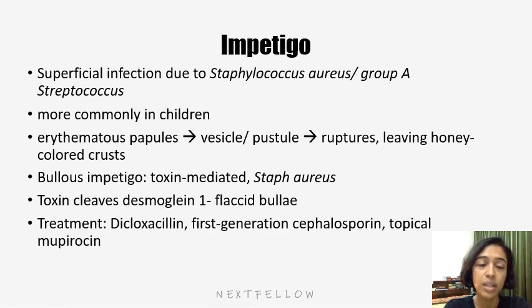So the toxin cleaves desmoglein 1, which is within the epidermal cells, and that causes a flaccid bulla to occur, which usually gets filled with pus. So the treatment for bullous impetigo is usually dicloxacillin, first generation cephalosporin, and topical mupirocin.